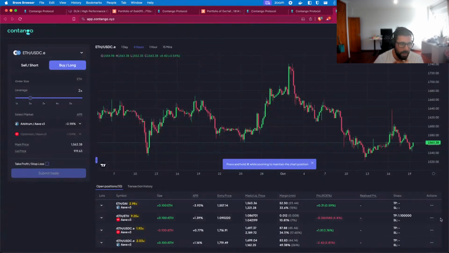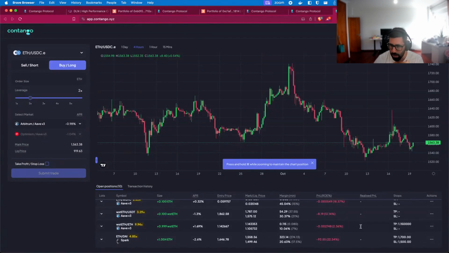Then we have another bot that is constantly looking at any orders. For example, here I have this order for a position that I entered when ETH was at 1646. If it reaches 1700, please take profit. If it reaches 1500, I want to cut my losses. This is because of my liquidation point.